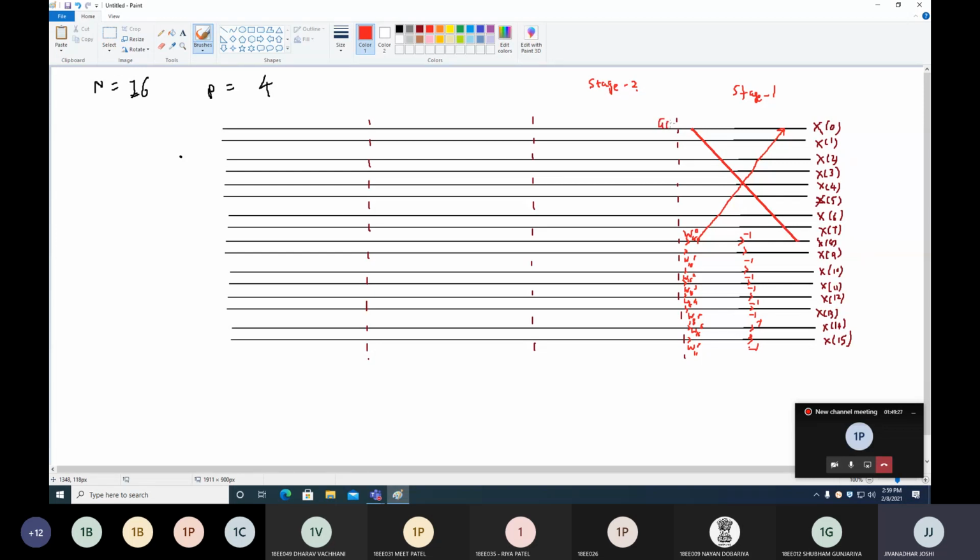This is my G of 0, G of 1, G of 2, G of 3, G of 4, G of 5, G of 6, G of 7. This is H of 0, H of 1, H of 2, H of 3, H of 4, 5, 6 and 7.